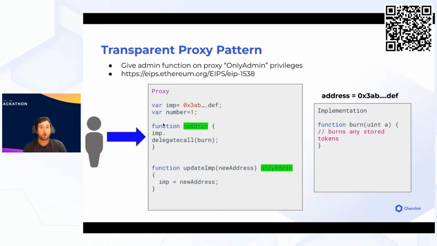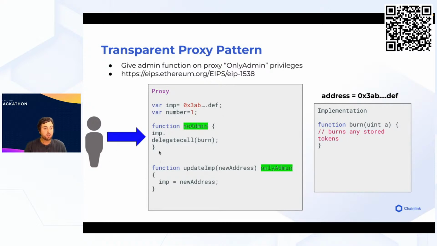And this helps us prevent function selector clashes. Remember earlier when we didn't have these kinds of protections on, and let's say update imp ended up having the same function selector as burn, well, that could cause all kinds of chaos for our devs that want to simply update the implementation pointer. And so now when our dev calls a smart contract, the admin can only call this.